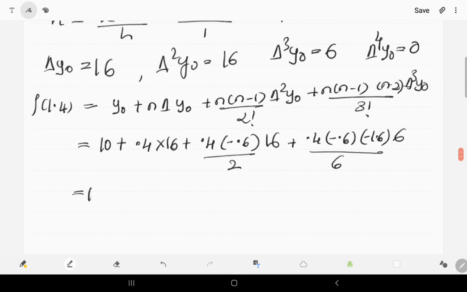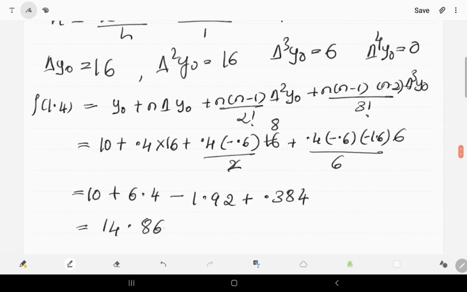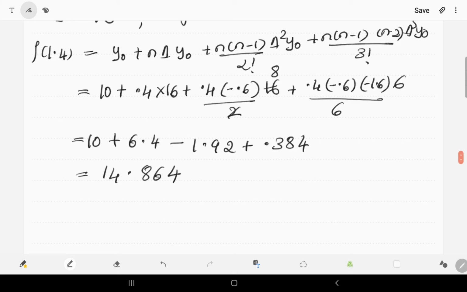So after simplification, 10 plus 6.4 minus 1.92 plus 0.384, that is equal to 14.864. This is the y value.